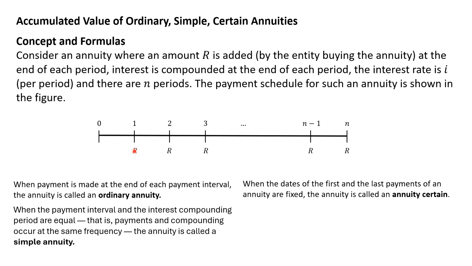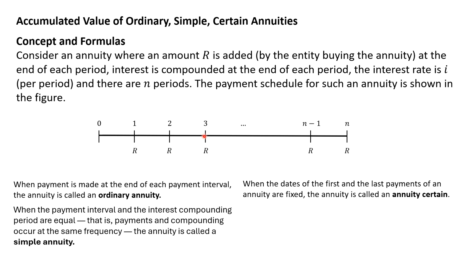So we're going to make a payment here, and of course nothing has been paid yet, so there'll be no interest here, but then at the end of interval 1, we'll have compounding on this initial payment, and then we'll add another R, whatever dollars, whatever currency.